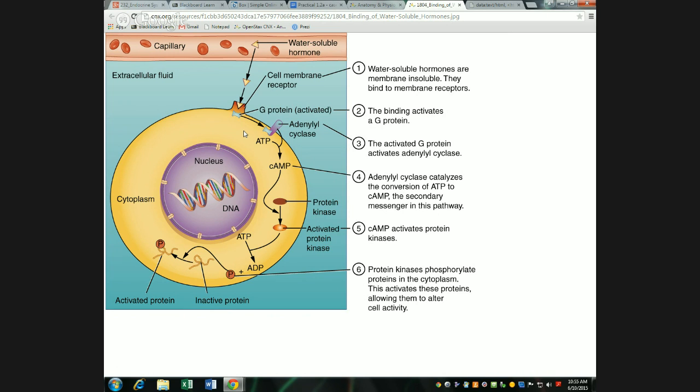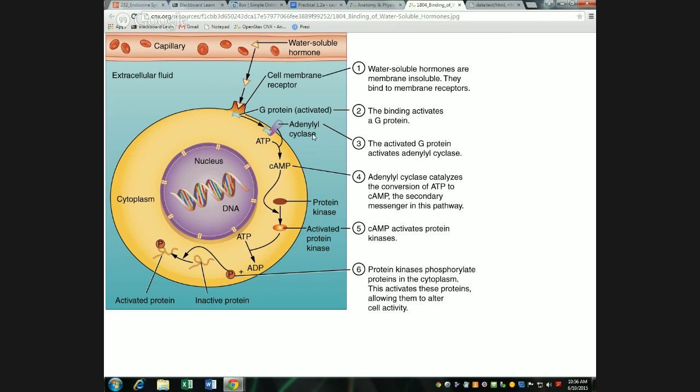When they need a very, very quick response on the scale of nanoseconds or something like that, then it's going to be an ion channel. When they have the luxury of a slower response, relatively speaking, it's still in the millisecond range of response, they might use this kind of thing. Depends on the neurotransmitter. But sometimes neurotransmitters need a different type of receptor. But all water-soluble hormones have this type of setup.